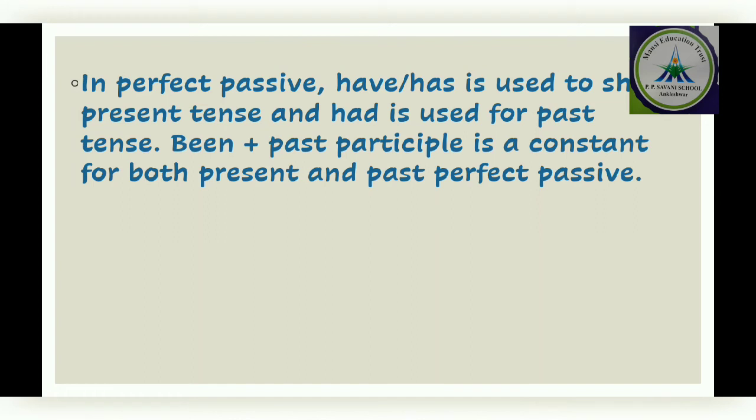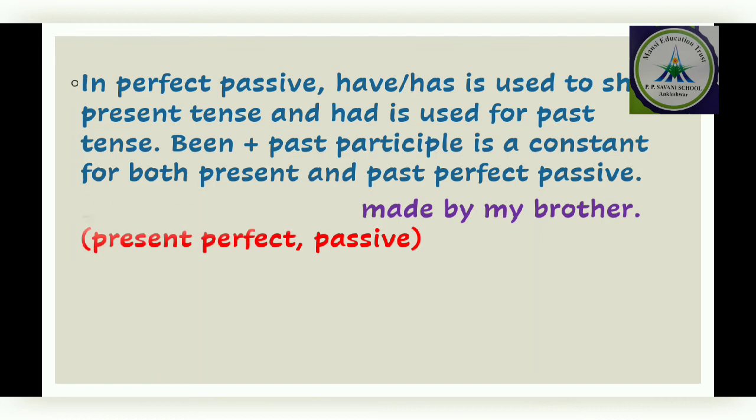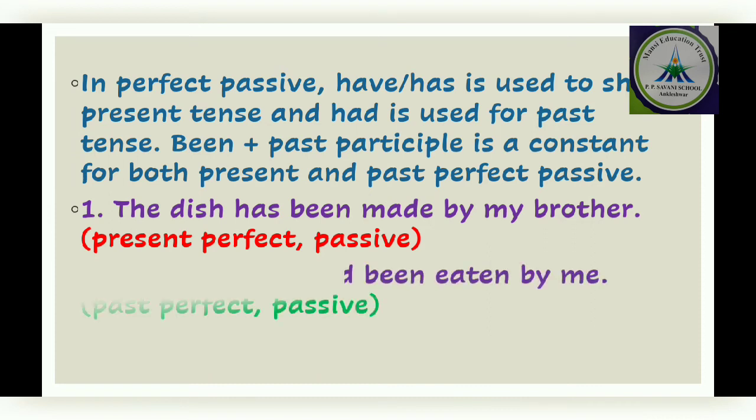Been plus past participle for both present and past perfect passive. See the example. The dish has been made by my brother. So we have used has plus been plus past participle form of the verb. And if it is past perfect passive, then we will use had plus been plus past participle form of the verb. All the apples had been eaten by them.